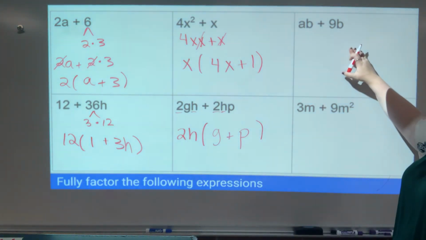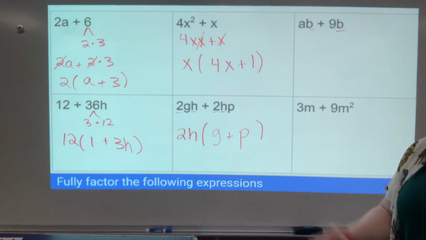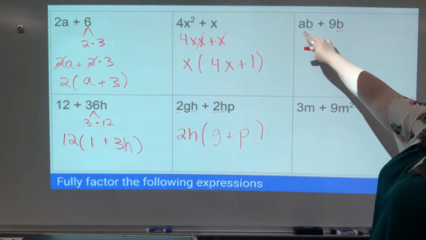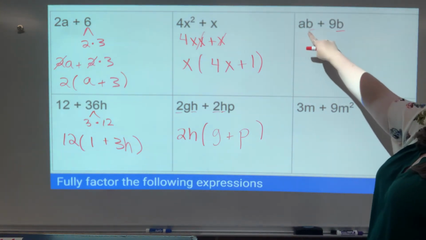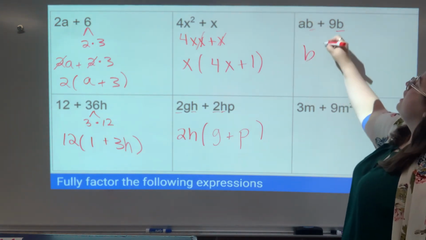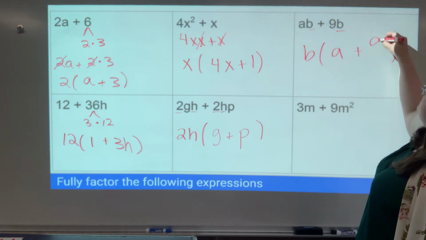Up here, I was going to make that a little bit harder, but that's fine. I was going to put a 3 at the top there. A times b plus 9 times b. The only thing in common there is a b. I can pull a b out of this expression, and that would leave me with a plus 9.